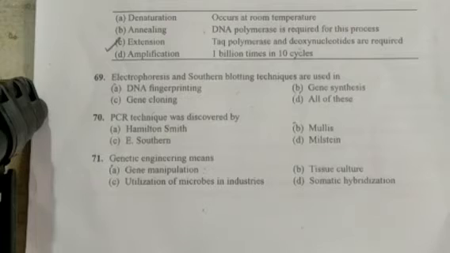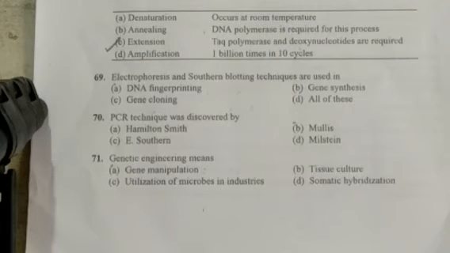Moving on to next questions. Electrophoresis and Southern blotting techniques are used for DNA fingerprinting. Don't get confused about DNA fingerprinting. In this chapter we have not discussed it, but you have studied DNA fingerprinting in molecular biology techniques, done by Alec Jeffreys.